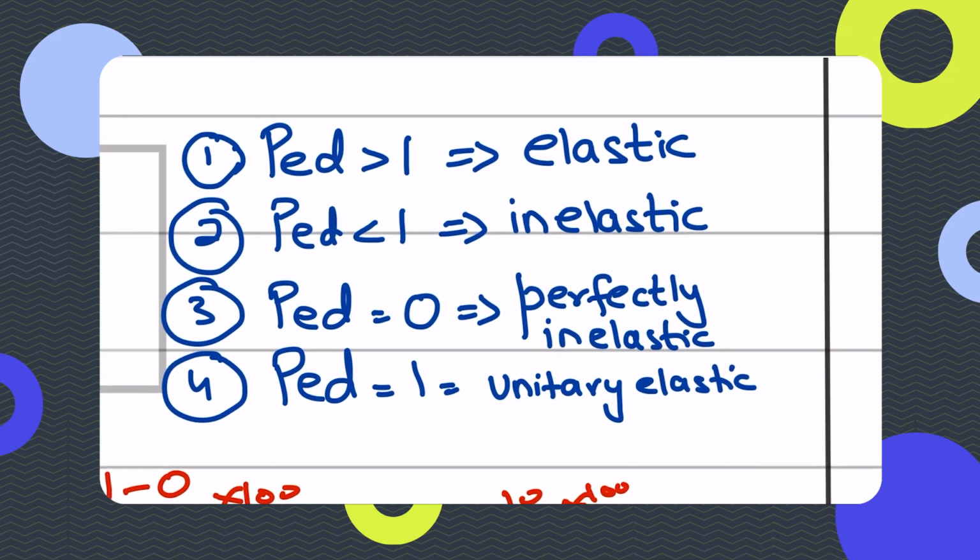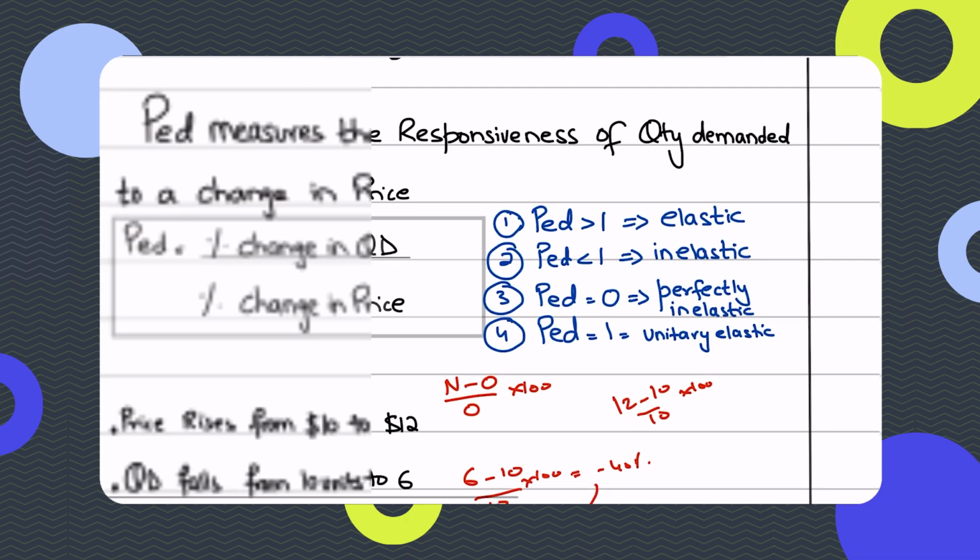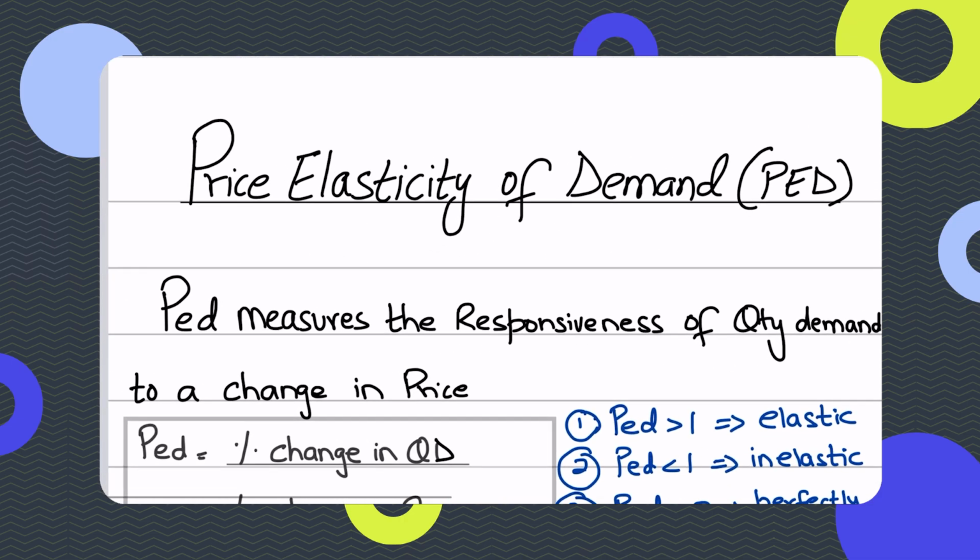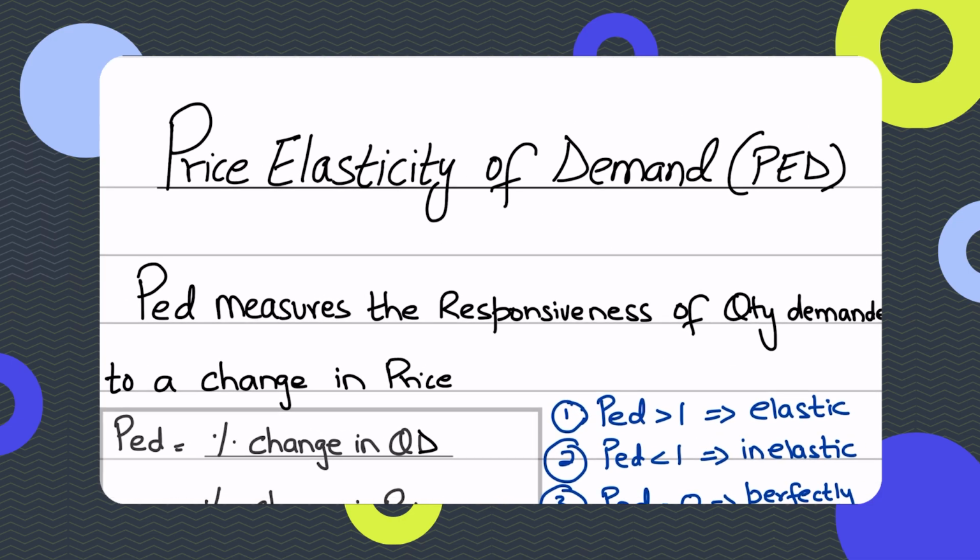But PED is not something that is new to you. We all see, because this is behavioral economics that you're studying right now. It has to do with the behavior of consumers. It studies consumer behavior.